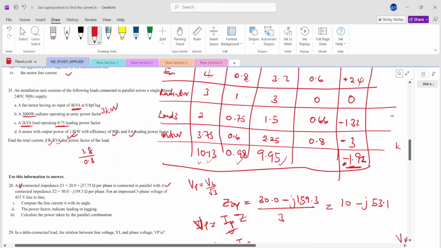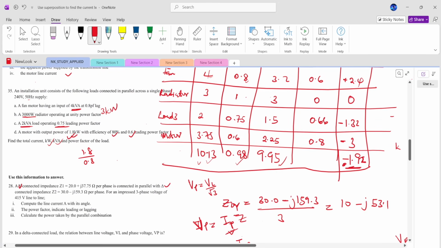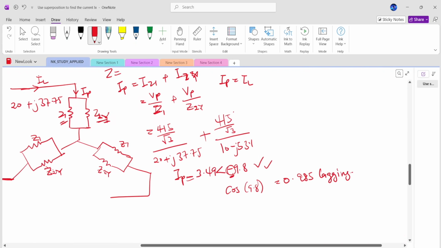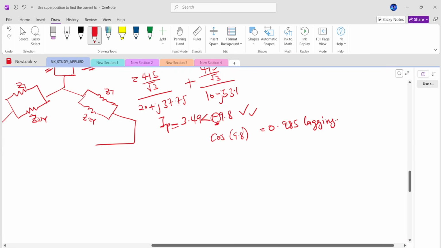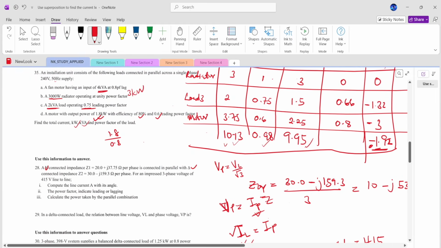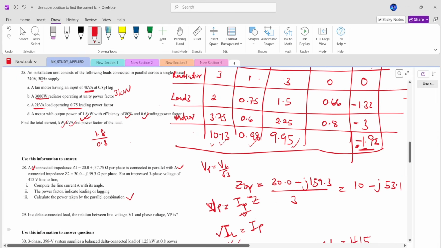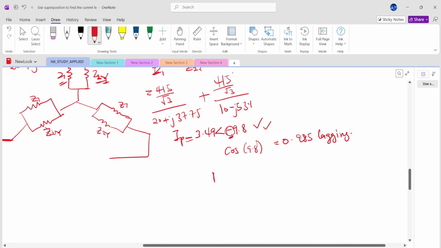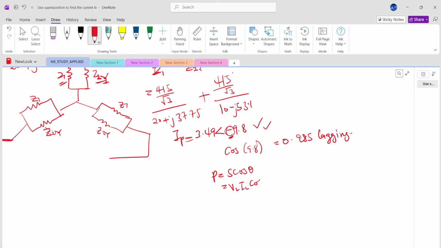Then the next one is to calculate the power taken by the parallel combination. Please look at the question. It says total power P, so it's P we are looking for, not S. But we know P is S cos theta, which is VL IL cos theta.